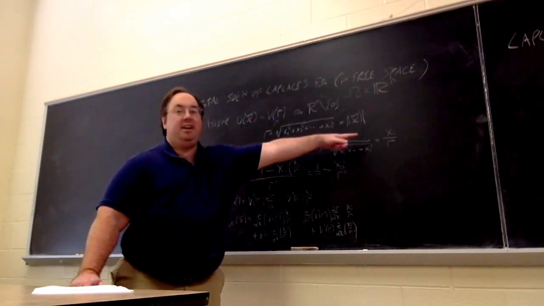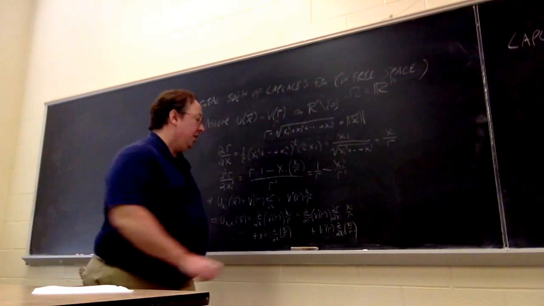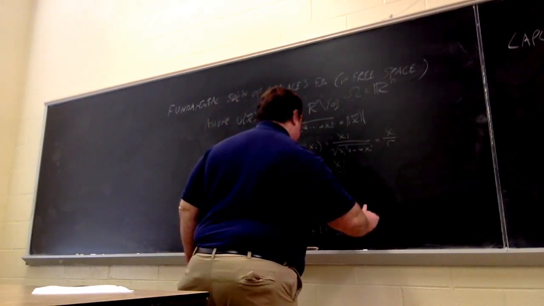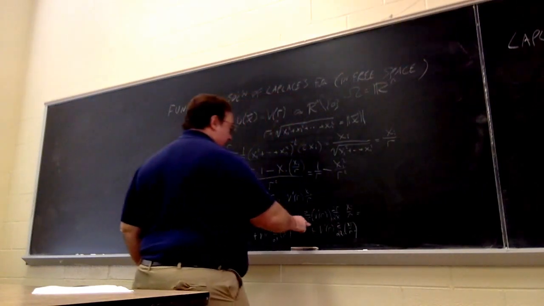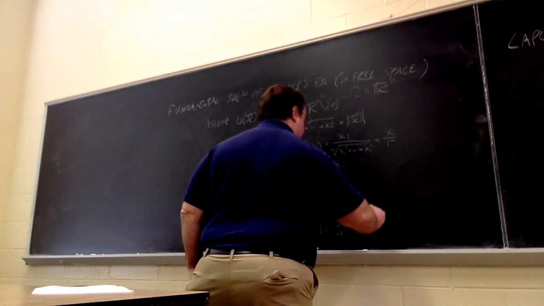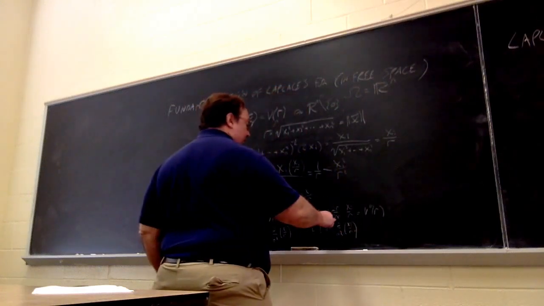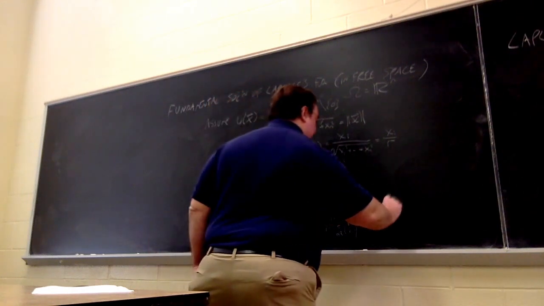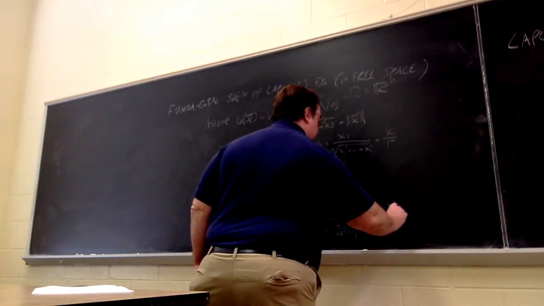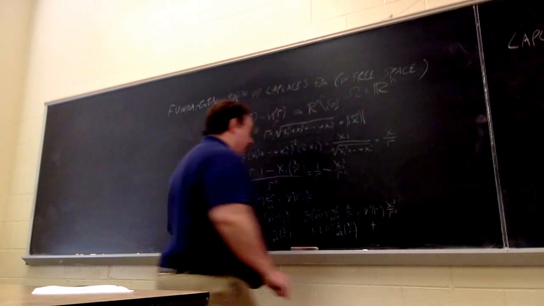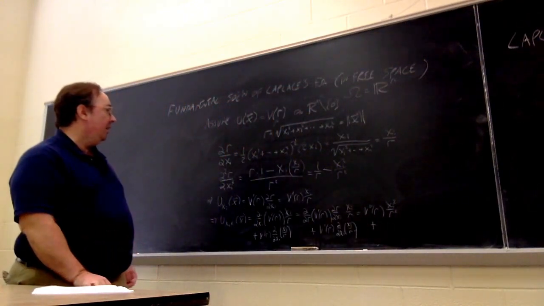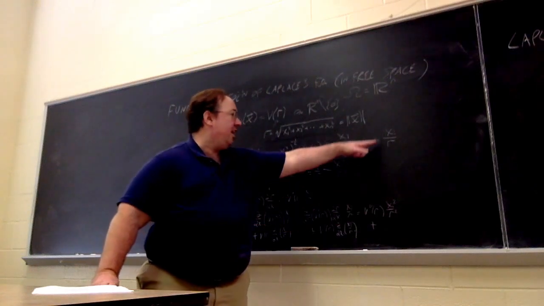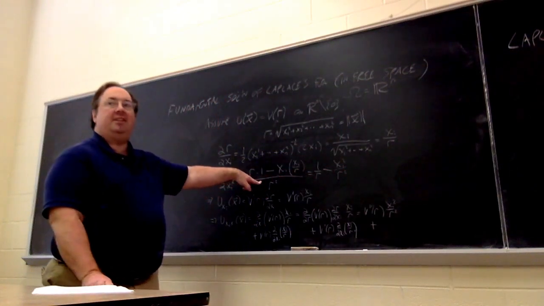dr dxi is xi over r. And I have another one here, so that's going to be squared. So I'm going to have derivative of this, that's just v double prime of r, times dr dxi, which is this, and then that again. So I have xi squared over r squared. Now, derivative of xi over r, I already did that down here.